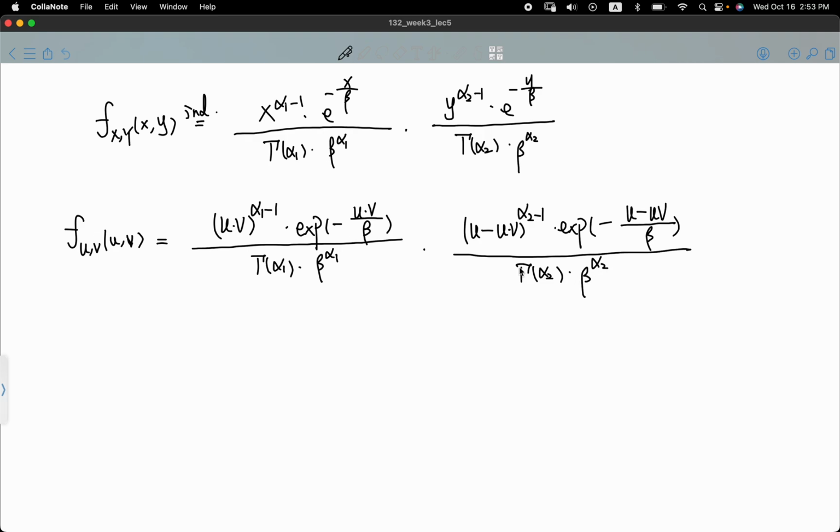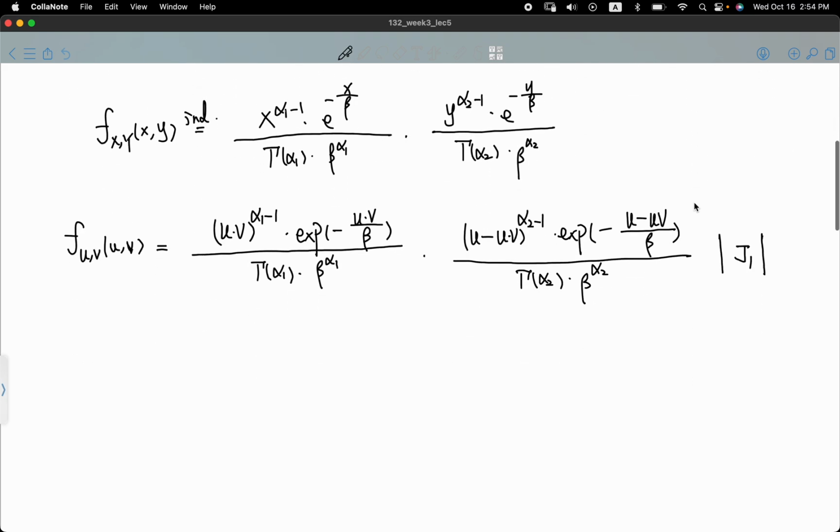And don't forget, whenever you make the change of variables, there's a third term here, which is the Jacobian. So here we choose J1, so we just use the absolute value of J1. And then, yes, if you use J2, don't forget to multiply by the absolute value of J2 inverse.